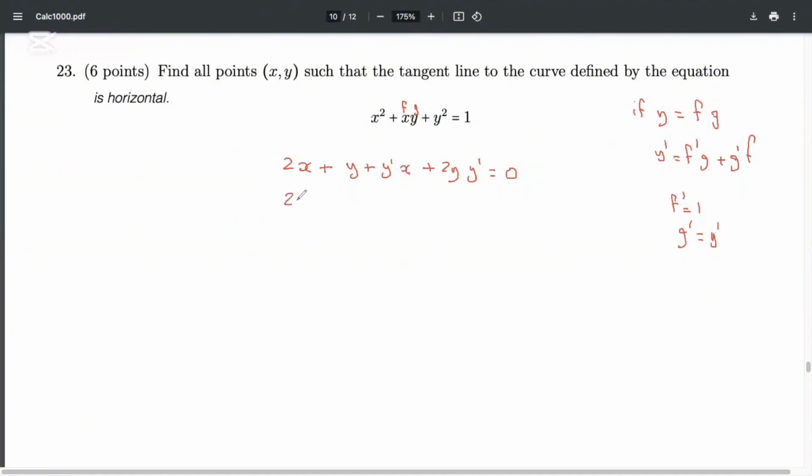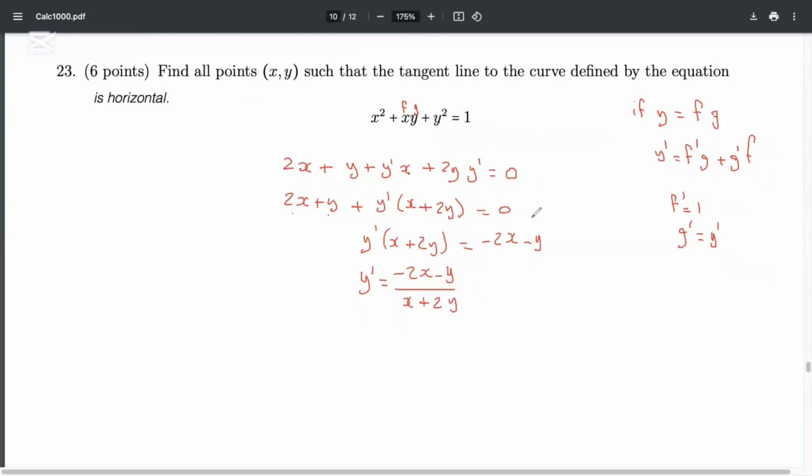So I'm just going to rewrite this as 2x plus y prime x plus 2y. I took that y prime out as the greatest common factor from here, equals 0. I'm going to move these two to the other side, so we have y prime times (x plus 2y) equals negative 2x minus y. Divide both sides by x plus 2y, so we have y prime equals negative 2x minus y, all over x plus 2y.